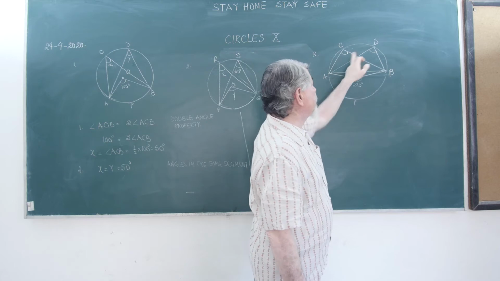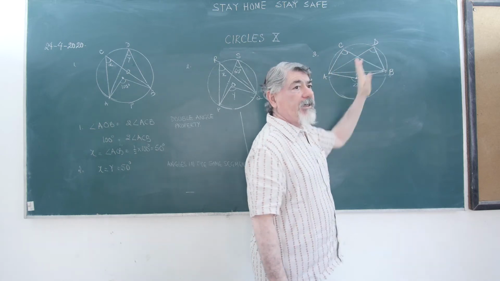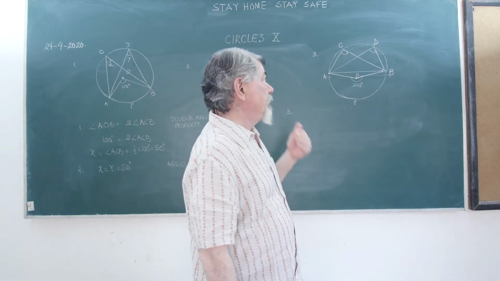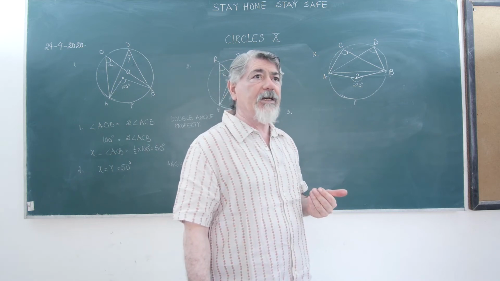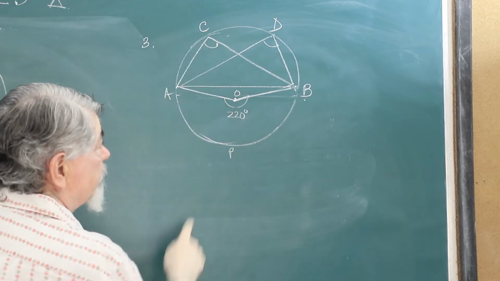These two angles ACB and ADB are formed in the minor segment. But the relation does not change. Angles in the same segment of a circle are equal. Instead of major segment, they are in minor segment.